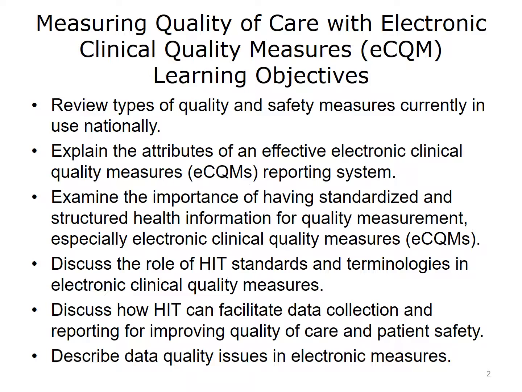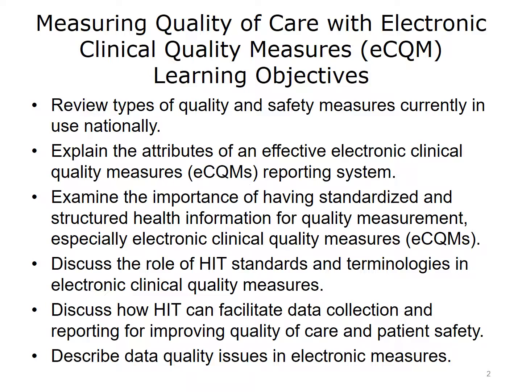The objectives for measuring quality of care with eCQMs are to: 1. Understand the various types of quality and safety measures currently in use nationally. 2. Explain the attributes of an effective electronic clinical quality measures, eCQMs, reporting system. 3.